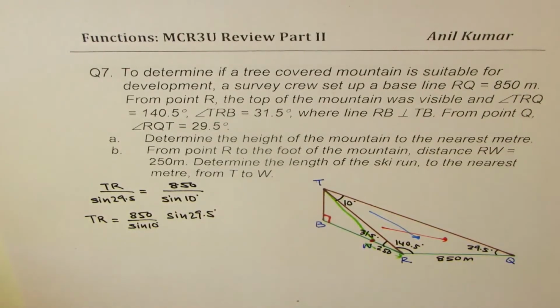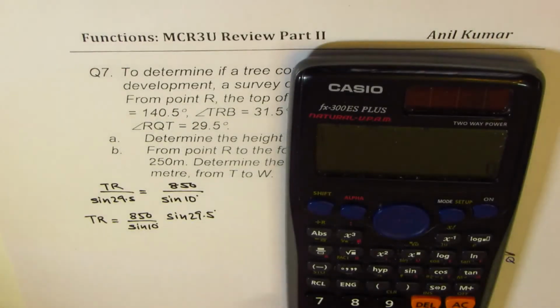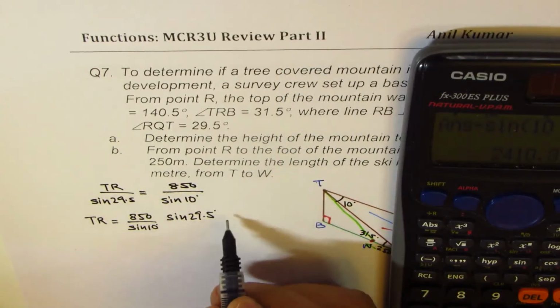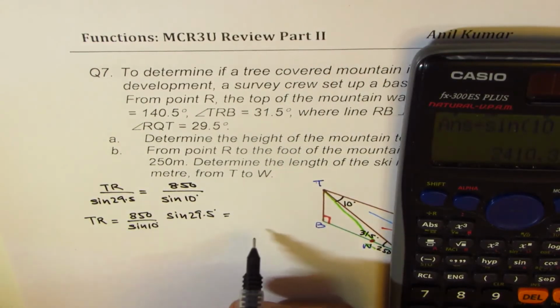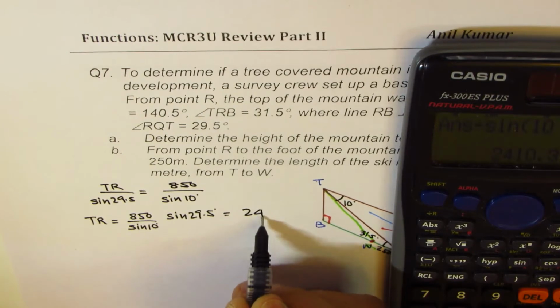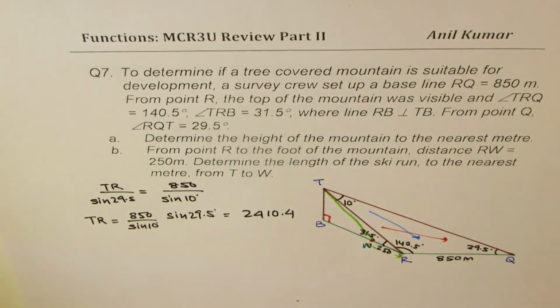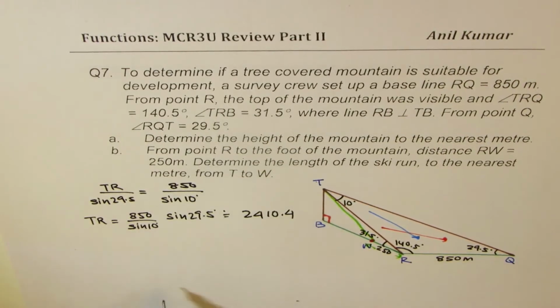Let's calculate this answer first. We have 850 times sine of 29.5, divided by sine of 10, which gives 2410.4. So we round it to one decimal place.